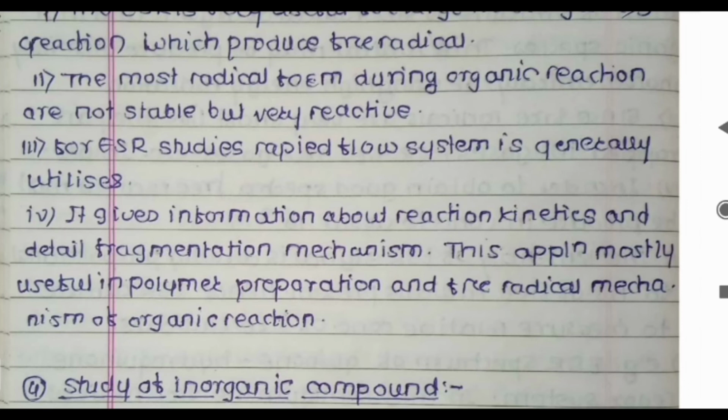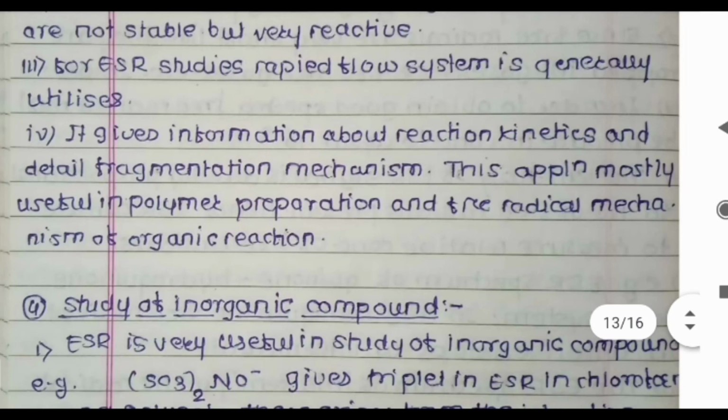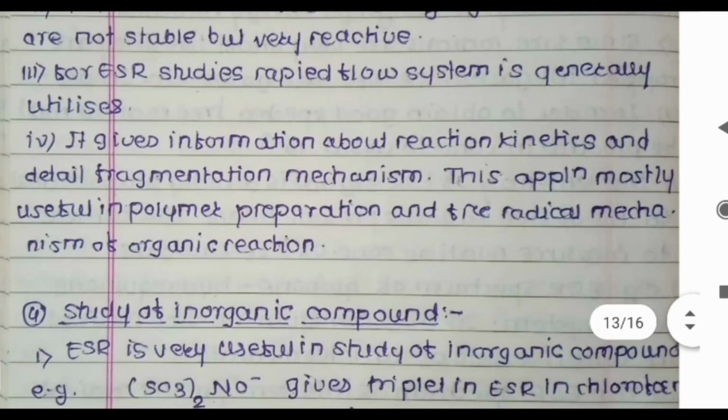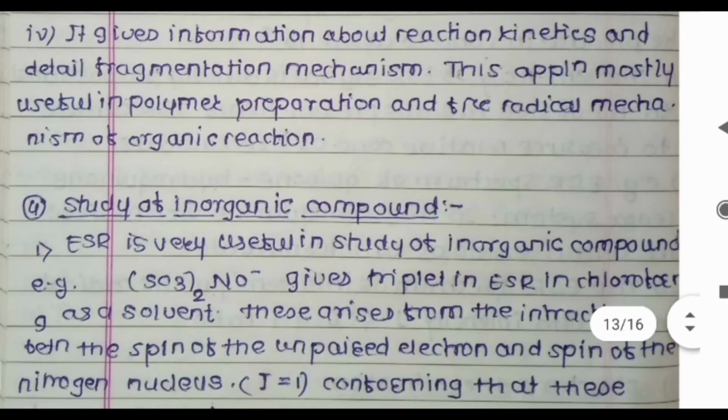So for ESR studies, a rapid flow system is generally used, which gives information about the reaction kinetics and the detailed fragmentation mechanism. The applications are mostly useful for polymer preparation and the free radical mechanism, which is generally the case in organic reactions. So for polymer reactions and for free radical reaction mechanisms, ESR spectroscopy is useful.